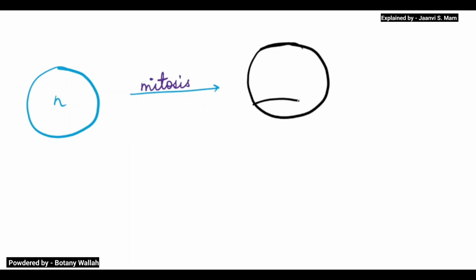One will be known as the generative cell, which will be smaller in size, and the other is known as the vegetative cell.